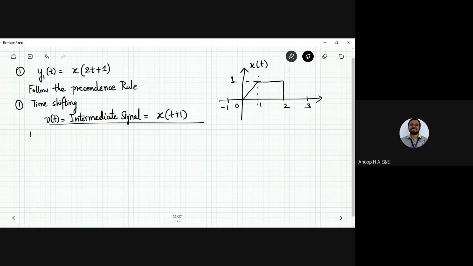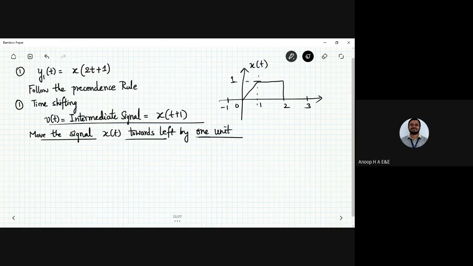I need to move the signal, only movement, there is no change in the amplitude. Move the signal x of t towards left by 1 unit.